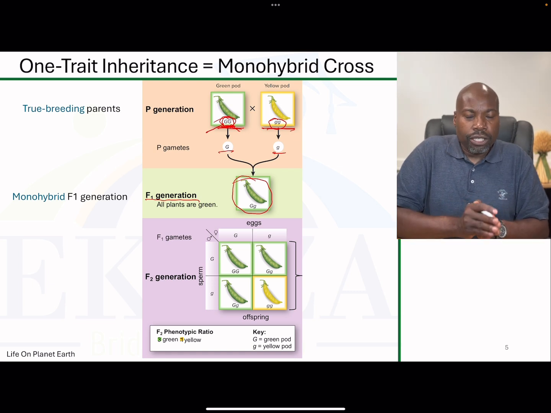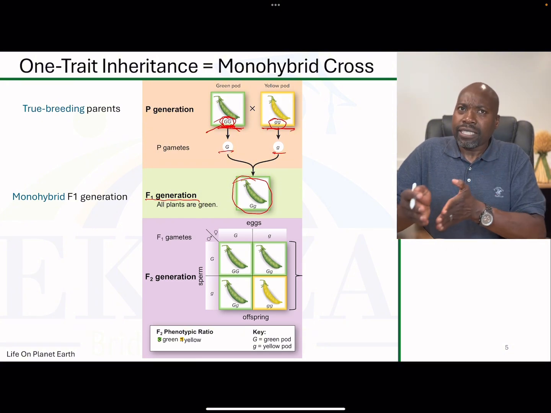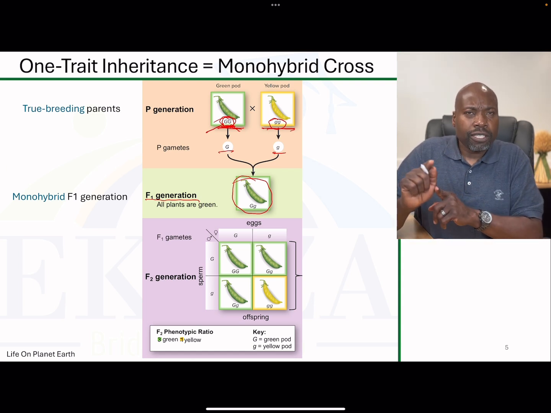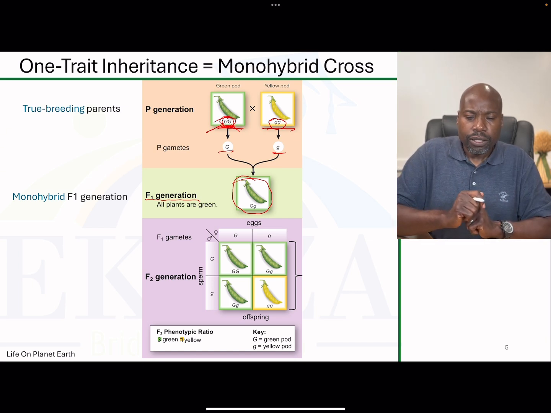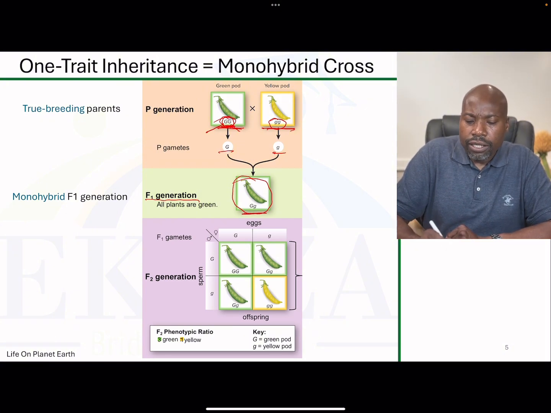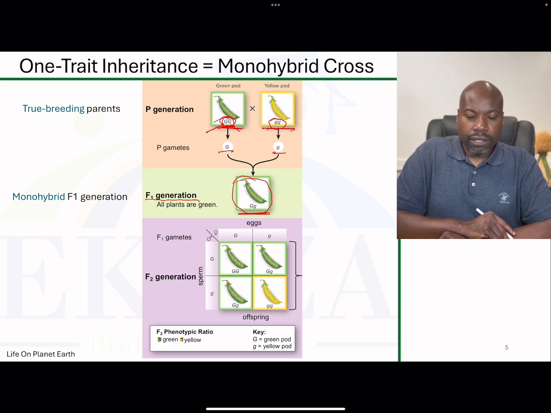That observation caused Mendel to think that it looks like there is one factor that is expressing while the other is not expressing, right? We are going to come to the specific terminology he came up with at some point. So he observed that in the first generation, every single plant carried green pods.